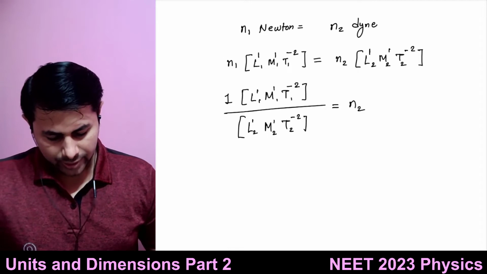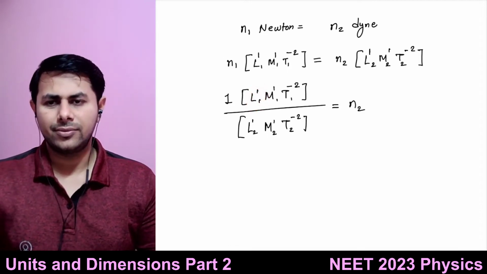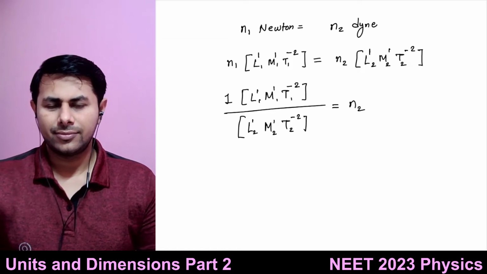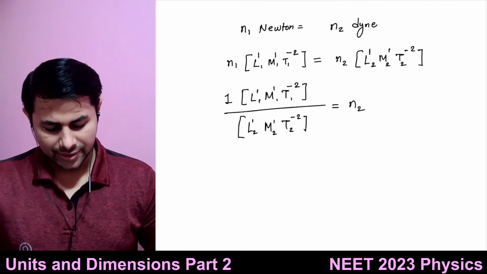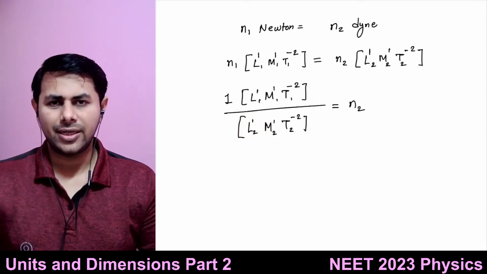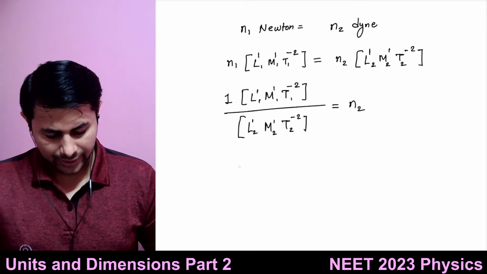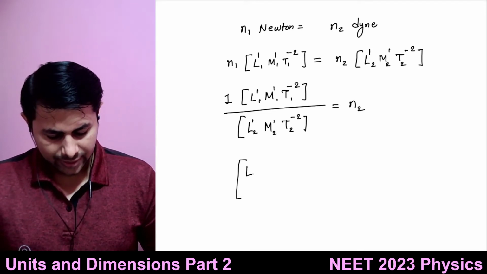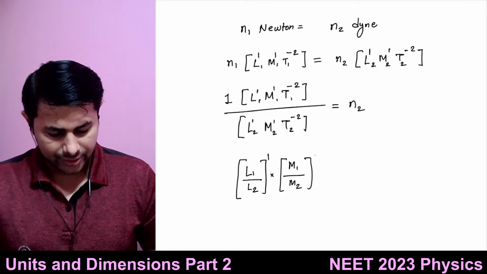So what is the unit of length in the SI system? Meters. And in the CGS system, centimeter. So I can write this as L1 upon L2 raised to 1 multiplied by M1 upon M2 raised to 1.